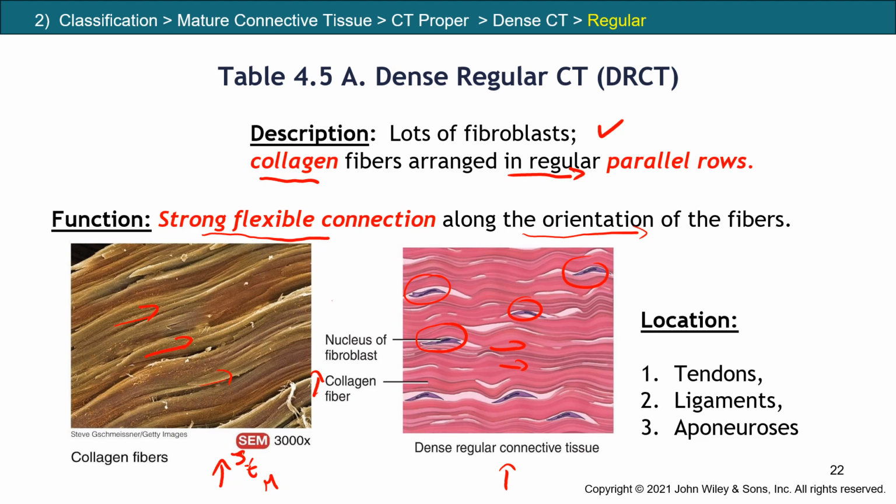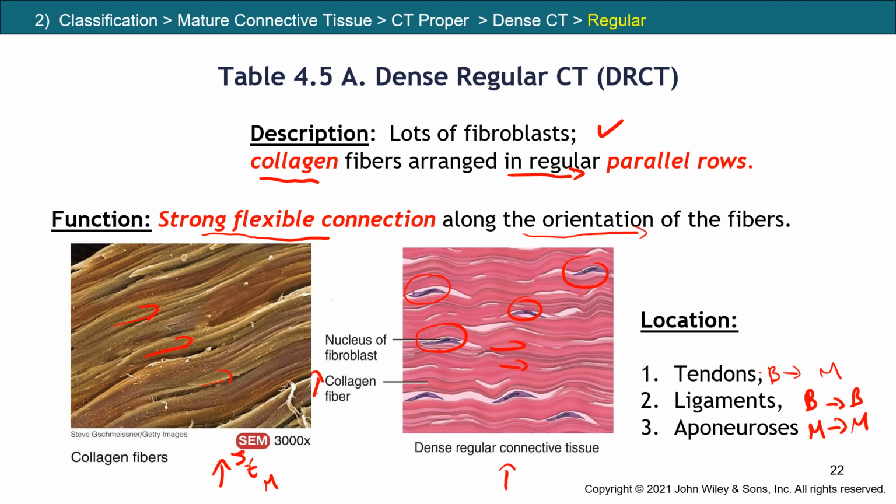In the tendons, which connect bones and muscles. In the ligaments, which connect bones to bones. And finally the aponeuroses, which connect muscle to muscle.